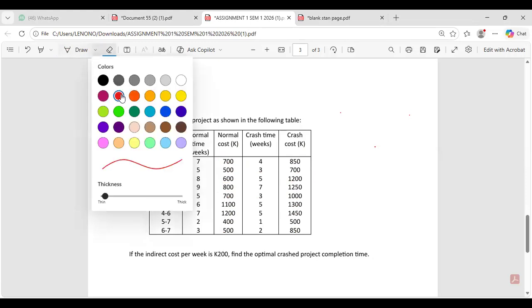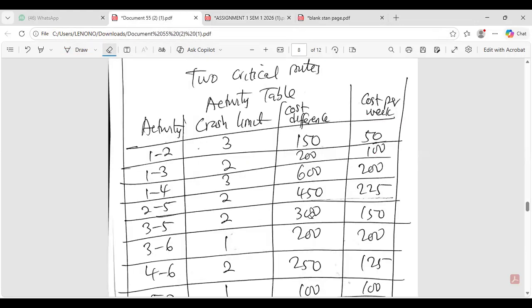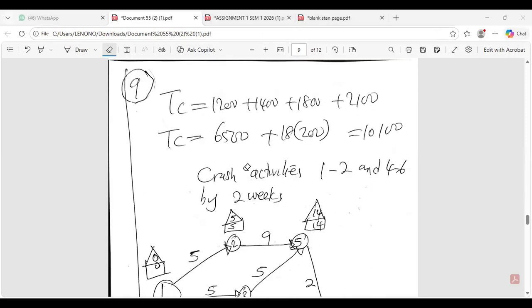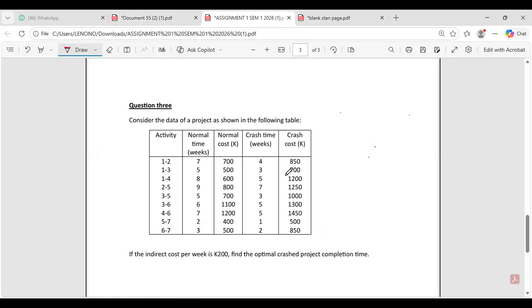All right, and then the normal total cost in this case was obtained by simply adding these ones, which gave us 6,500.